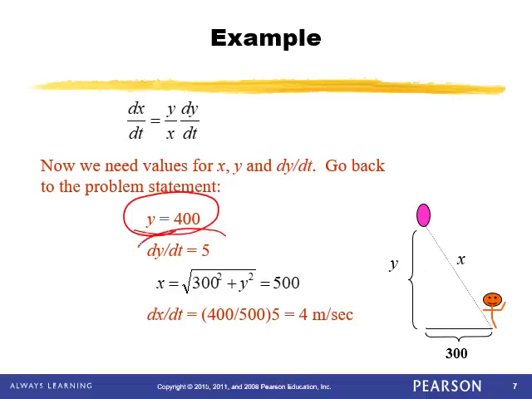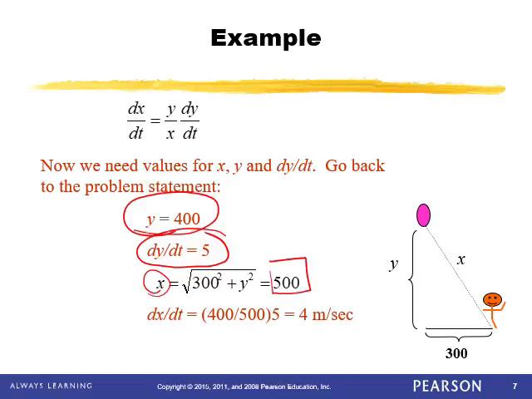We know that dy/dt is 5 because it's the rate at which the balloon is rising. And so now we have our original equation here. We can find x from our original equation, you plug in our information. We have y here. And so the square root of 300 squared plus y squared is 500.